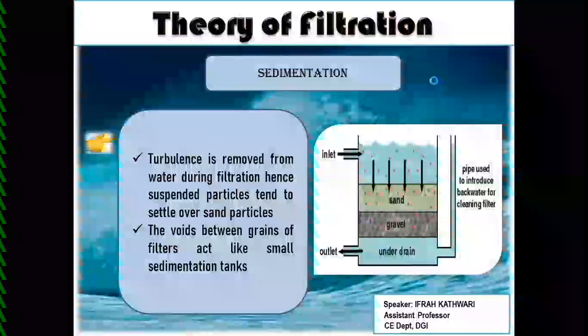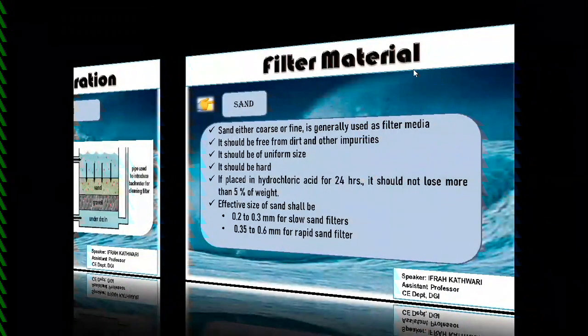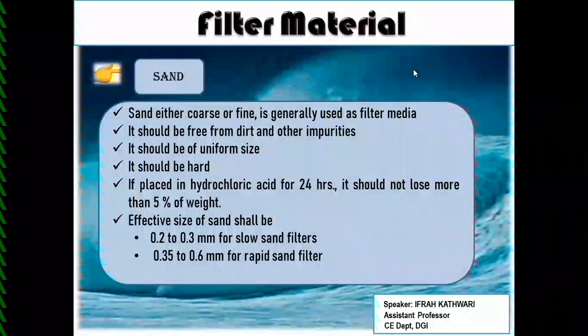After this, we have filter material. Talking about this filter material, the filter media consists of a bed of gravel and a bed of sand. So the material that is used is sand and gravel.